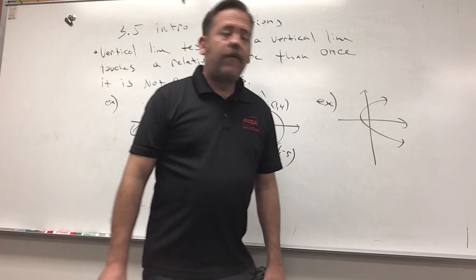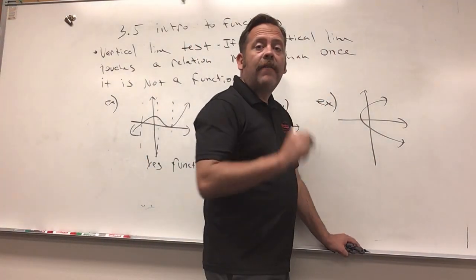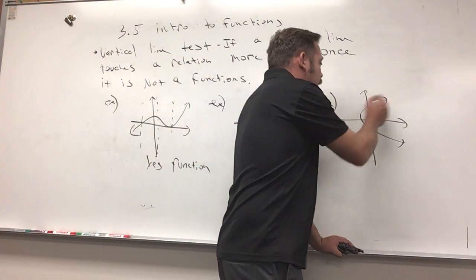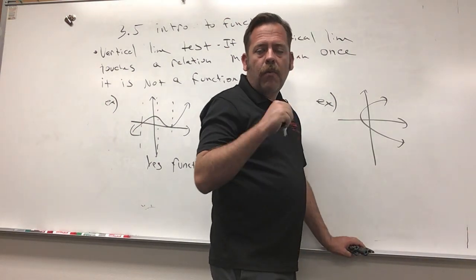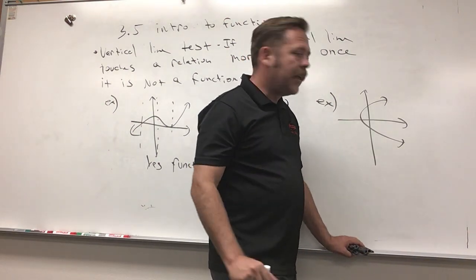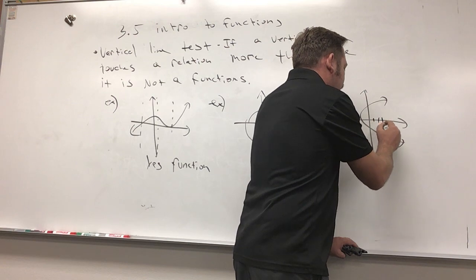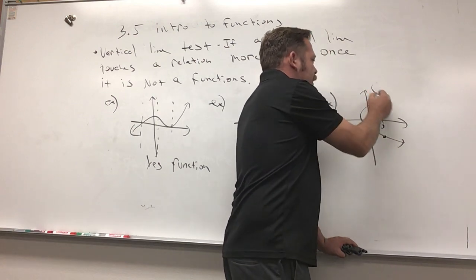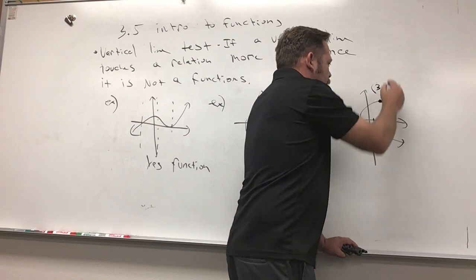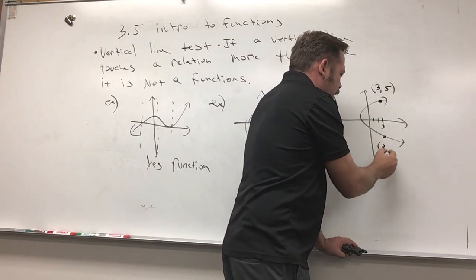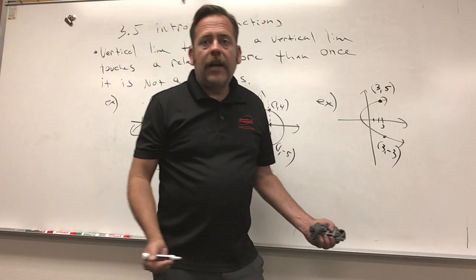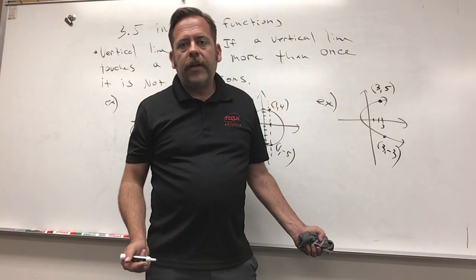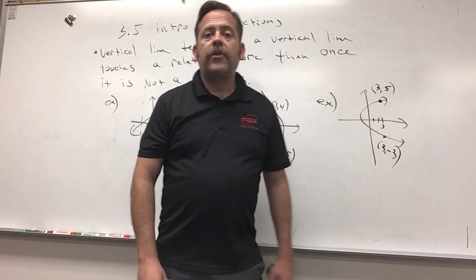The reason it's not a function is because you have x values in this relation that have more than one y value that come out of that. Like if I did an x value of 3, and I have a point here and here, and say this point is (3, 5), and this point is (3, -3), I don't know what I'm getting out if I input a 3. So that would not be a function.